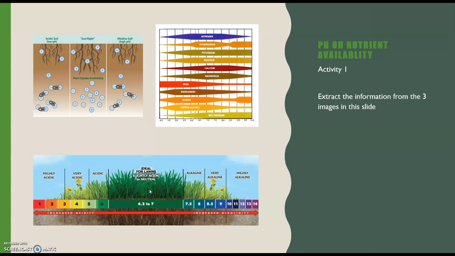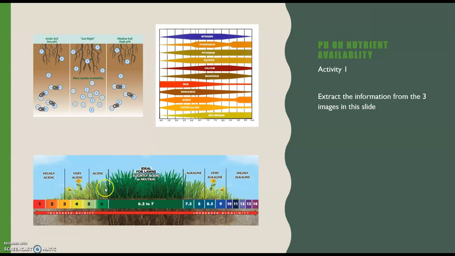So for me, as an agronomist doing agriculture activity for almost 14-15 years, I suggest the suitable pH will be 5.5 to 7.5.